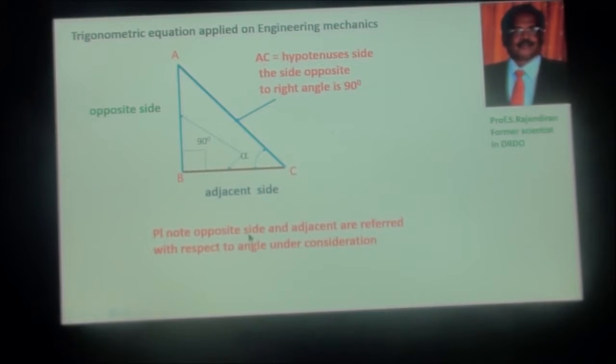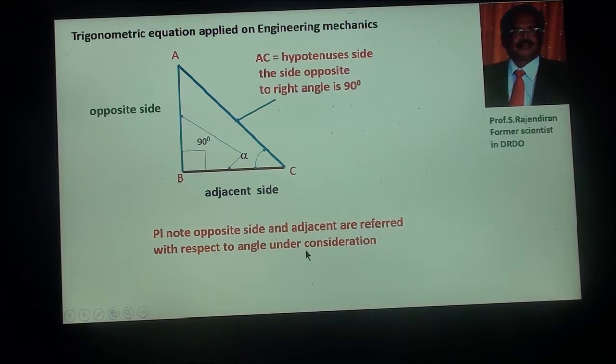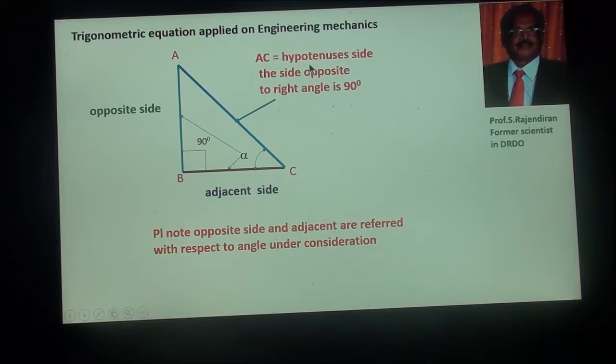Please note, opposite side and adjacent side are referred with respect to the angle under consideration. Here alpha is the angle we consider, thereby AB is the opposite side, BC is the adjacent side. The side AC, which is opposite to 90 degrees, is the hypotenuse.